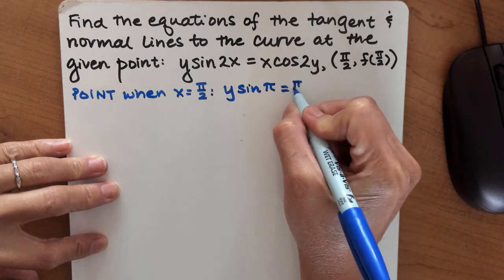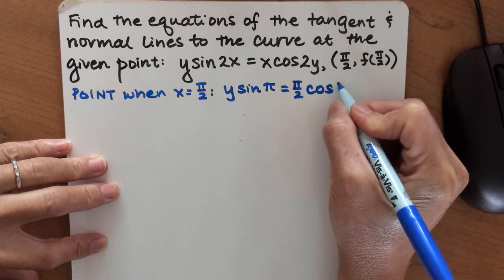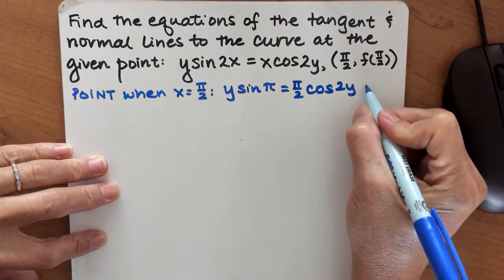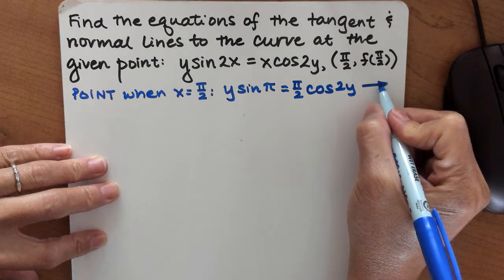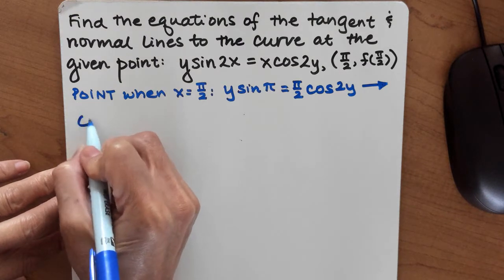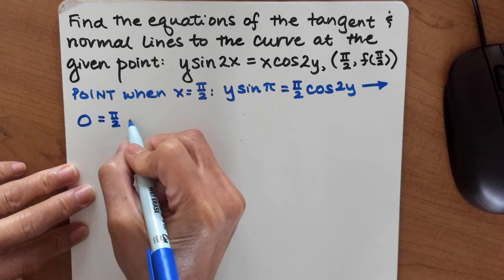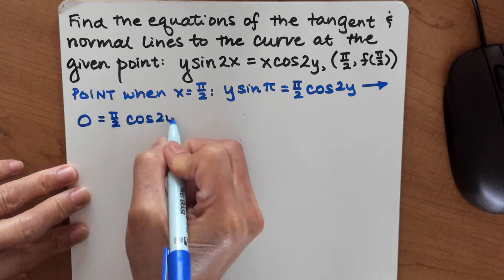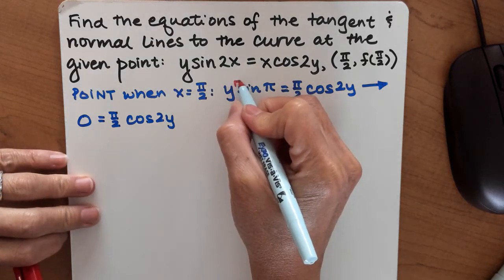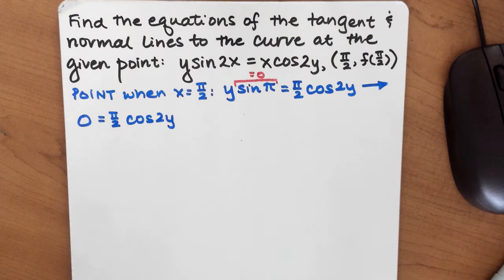And then over here I have pi over 2 times the cosine of 2y. Alright, so now the sine of pi is 0, so I'm going to get 0 equals pi over 2 times the cosine of 2y.